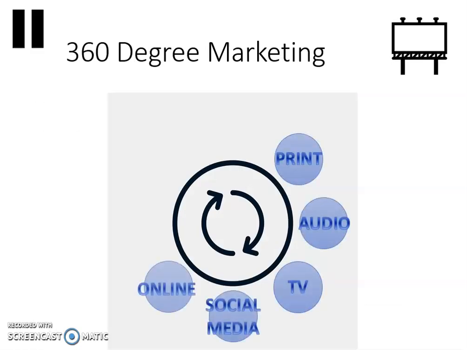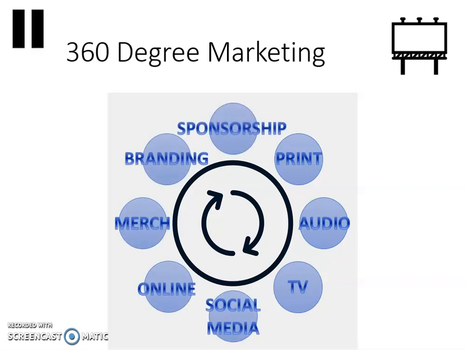And brands are going to work together to create what they call 360-degree marketing. They're not just going to want to stick to traditional forms, but they're going to want to flood all areas of the media with advertising products to increase the visibility of the film.